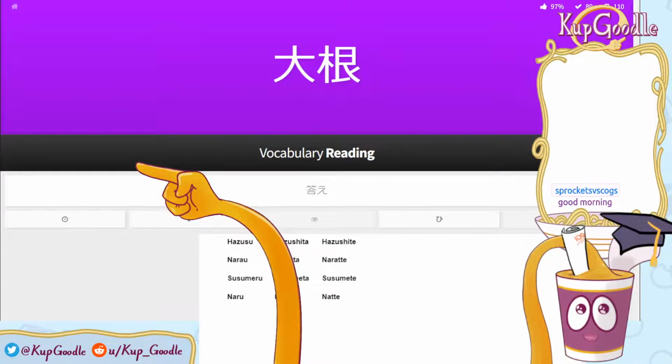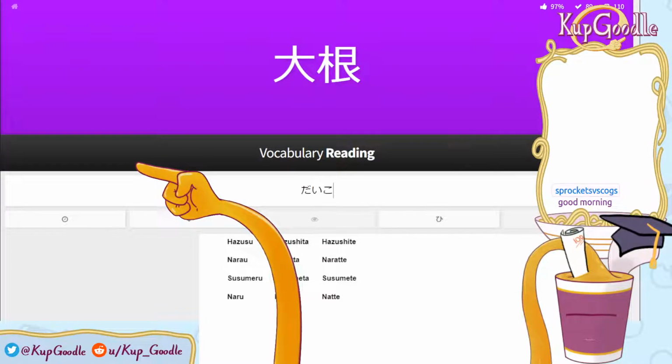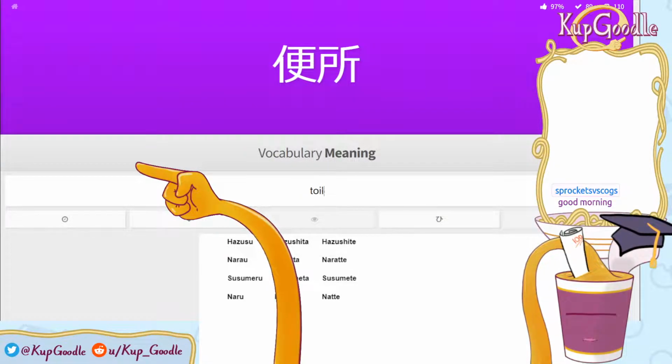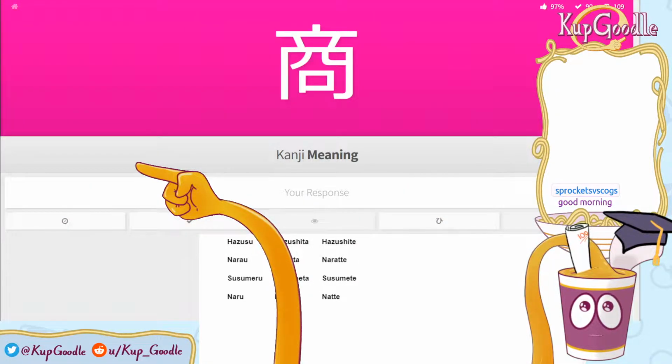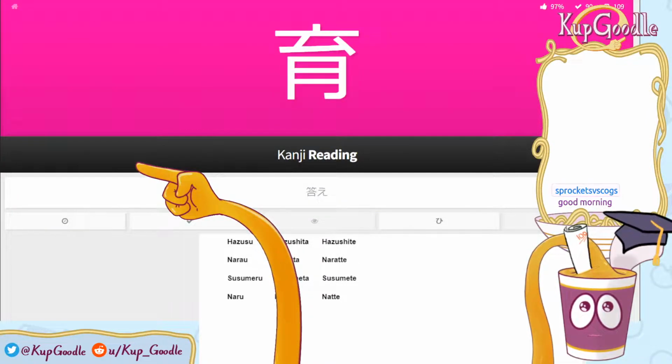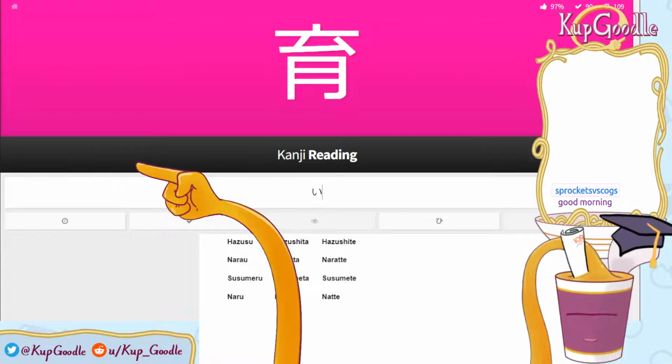A big daikon radish. Big old root. Benjo is the toilet, is the bathroom. Merchandise. Merchandise. Reading is iku.